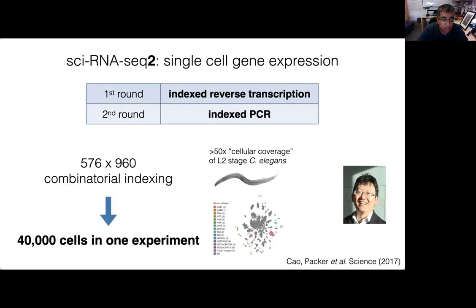He was able to perform the first whole organism shotgun single cell profiling, in this case of C. elegans, for which 40,000 cells were enough to get 50x cellular coverage, the equivalent of genomic coverage, but we're effectively covering every cell in the organism an average of around 50 times. And Bob and others have gone on to do much more extensive profiling of worm development.